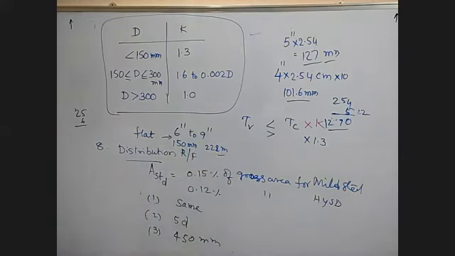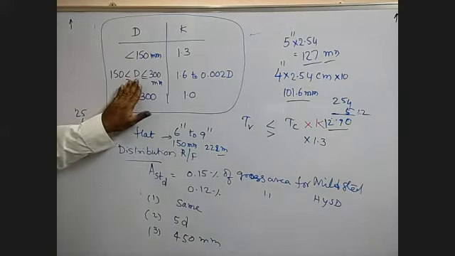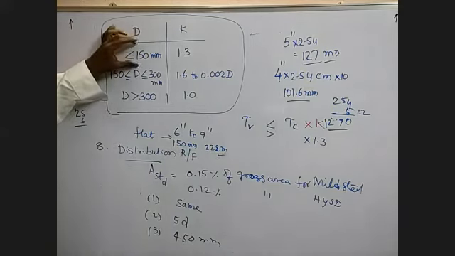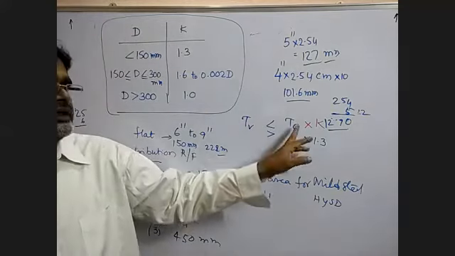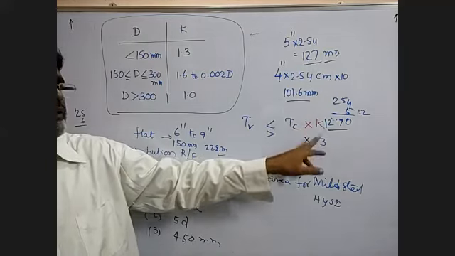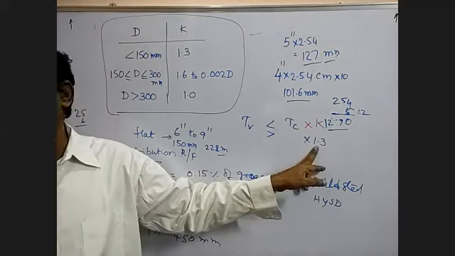So that is only for flat slabs, but for a normal slab it is less than 150 mm. The only difference here is that the shear value should be checked multiplied with the K value, which is 1.3. That is the only difference.